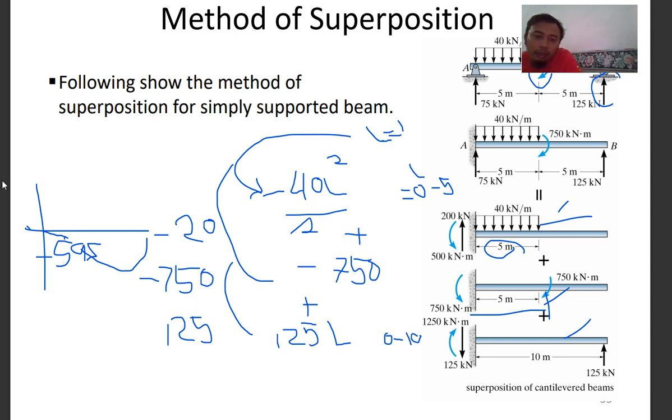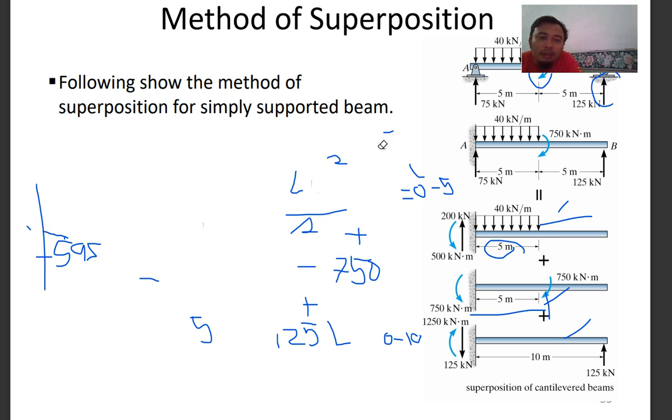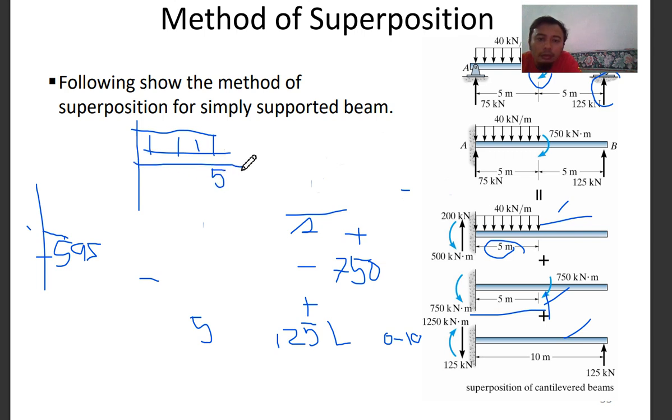Simpler. You don't need to analyze. You don't need to find a function, because if you don't do this, then it will become more complex. For example, the function at the end of the beam, at the end of the distributed load, for example at 5 meter. So you need to analyze this first.